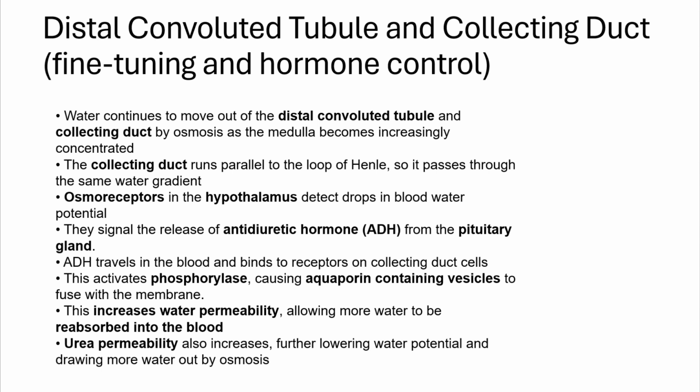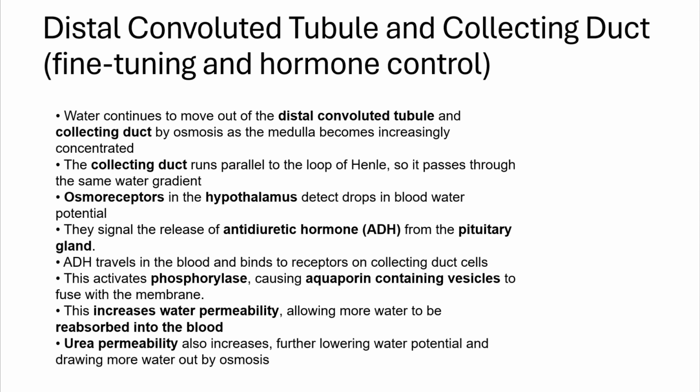That releases aquaporins, and these increase the water permeability of the collecting duct. So more water can leave the collecting duct into the concentrated outside area, and that water can then move into the capillaries to increase the blood water potential.